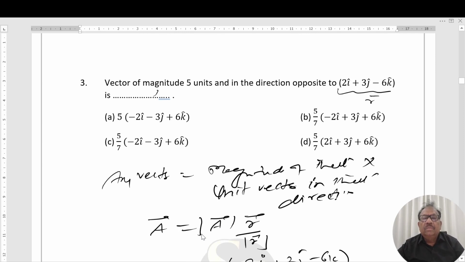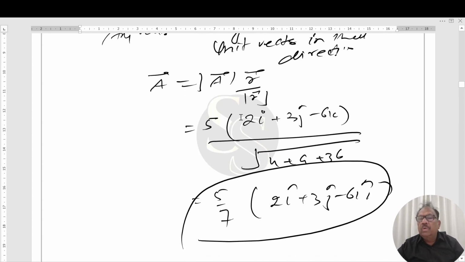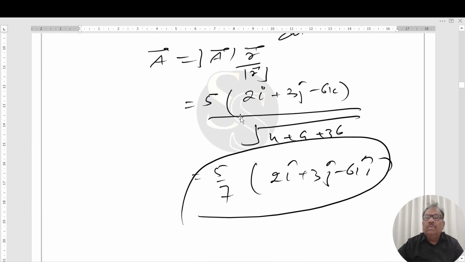The options are 5 by 7 of 2i plus 3j, 2i minus 3j, minus 2i minus 3j. In this case, we can put the answer 5 by 7. We can take minus 7 as well, corresponding to the unit vector, the vector divided by its magnitude.